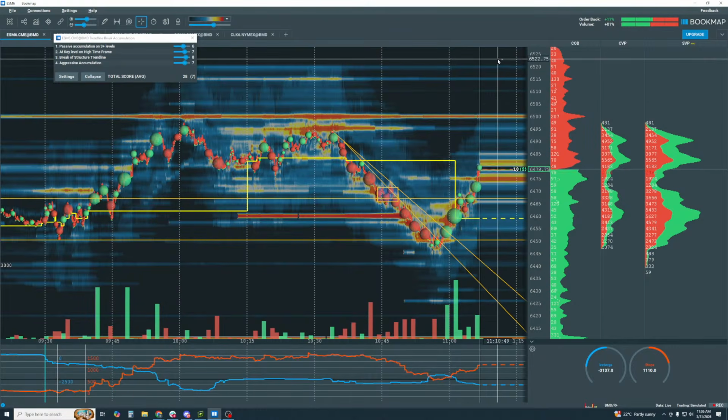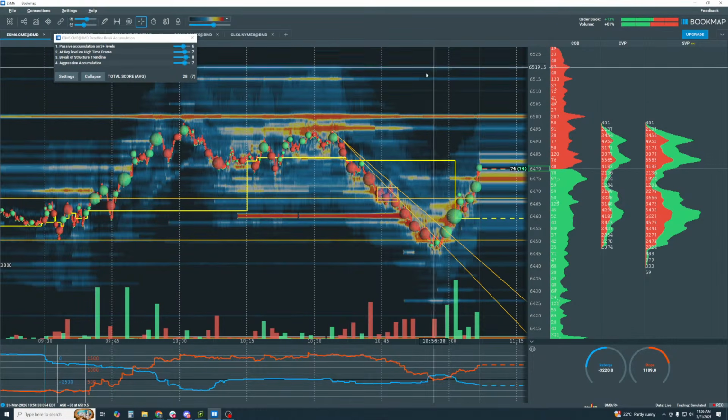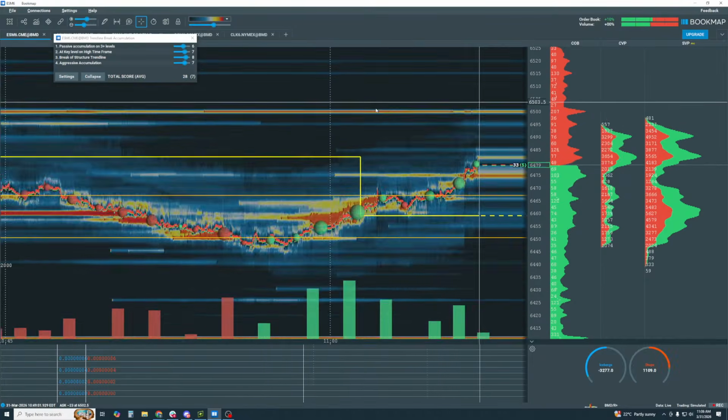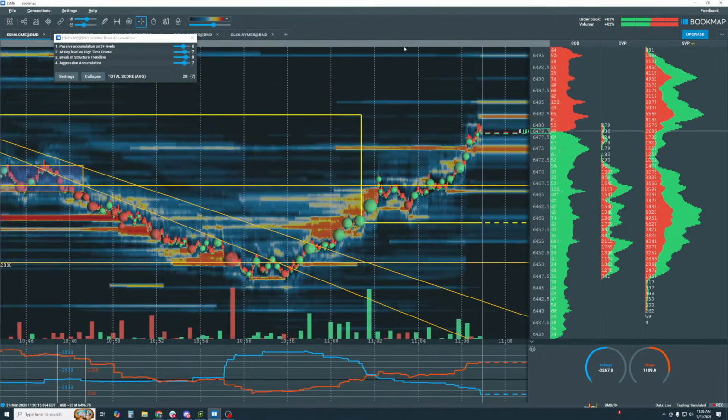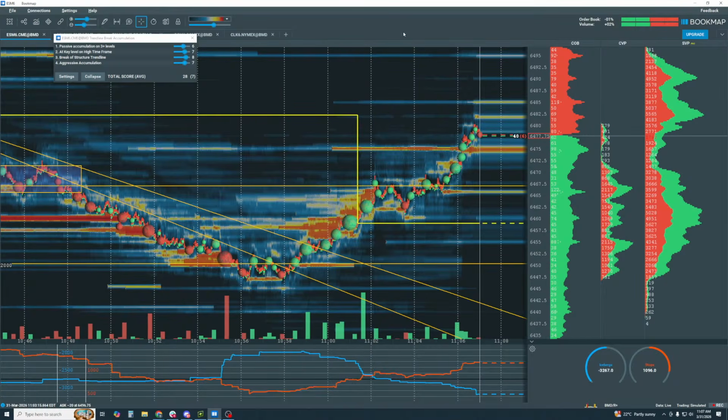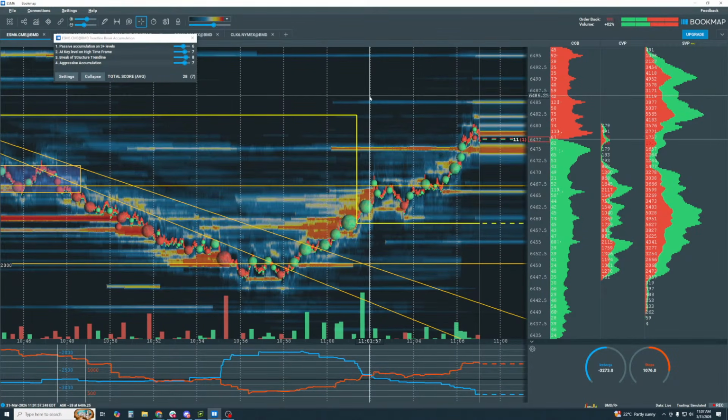So if you guys are looking for that bigger move, then trail your stop. This is nice. This turned into both our setups in here. And this is something really good.